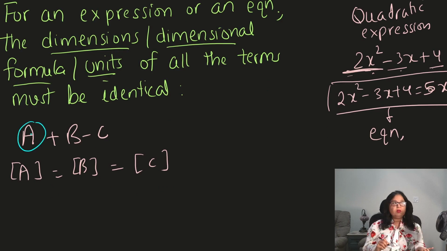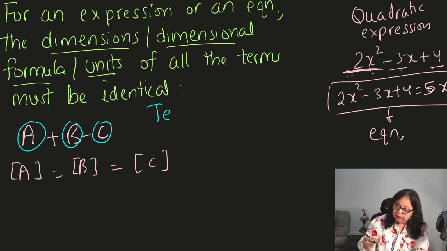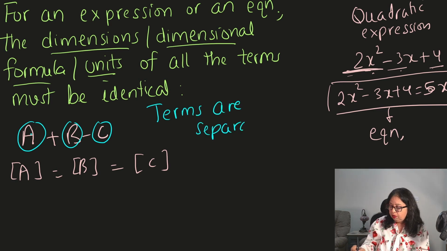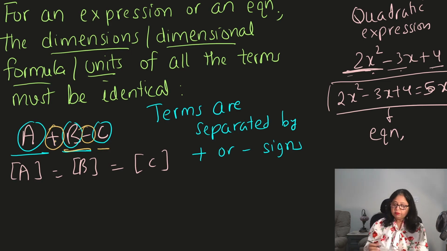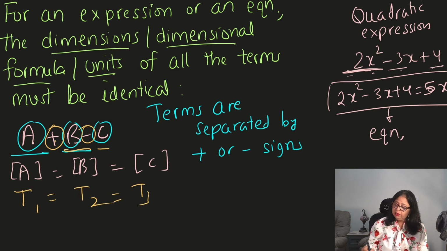How come? Terms are separated by plus or minus signs. So see here, A is separated from B by a plus sign over here. B is separated from C by a minus sign. So there are three terms, T1, T2, T3. And all these, their dimensional formulae, therefore their dimensions, are identical.